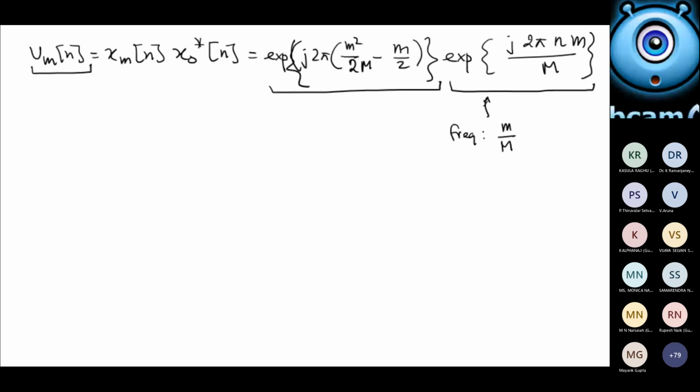So let us try to take the DFT and write it as Vmk. This has a total of M points, since n goes from 0 to M minus 1.